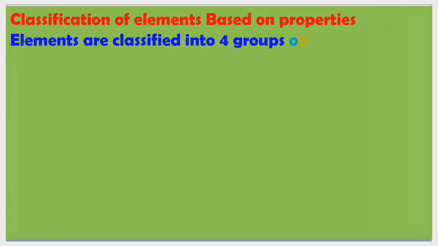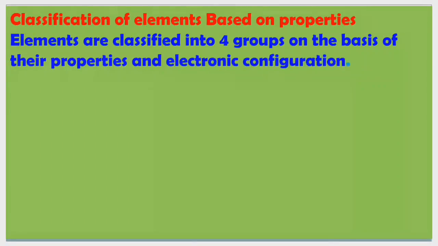Now we will discuss classification of elements based on properties. Elements are classified into 4 groups on the basis of their properties and electronic configuration.